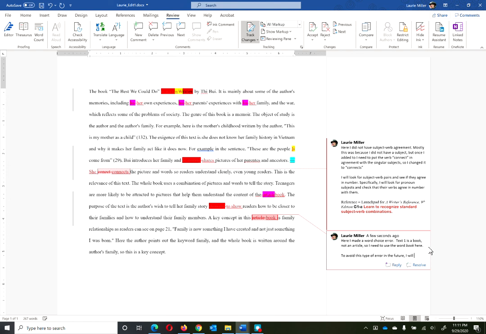I will reread my writing and confirm that I am using the correct word for the text type.